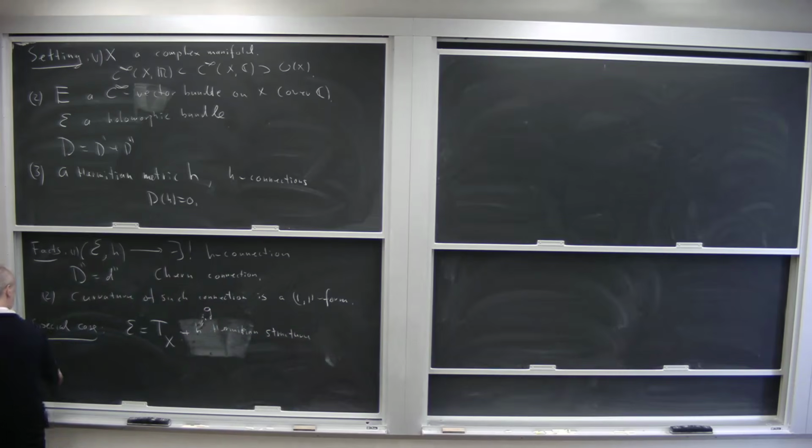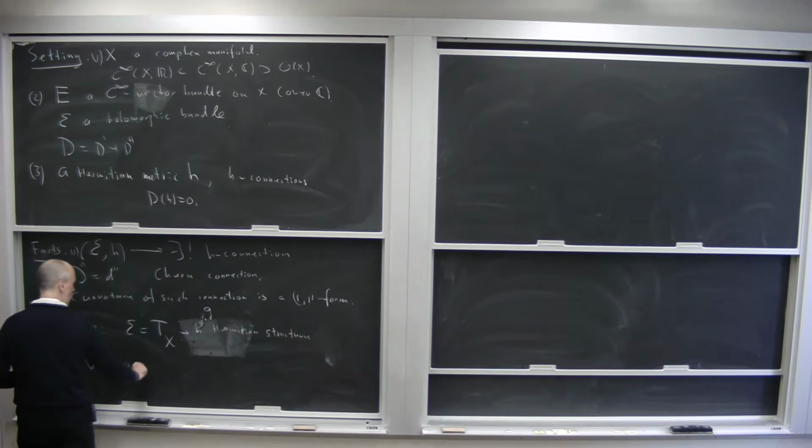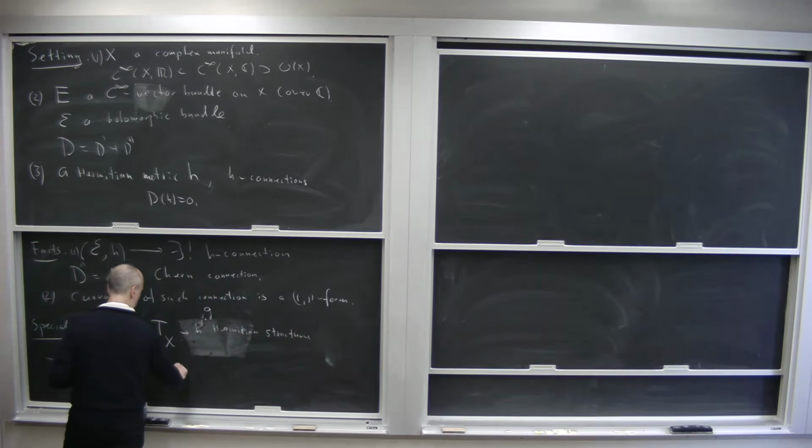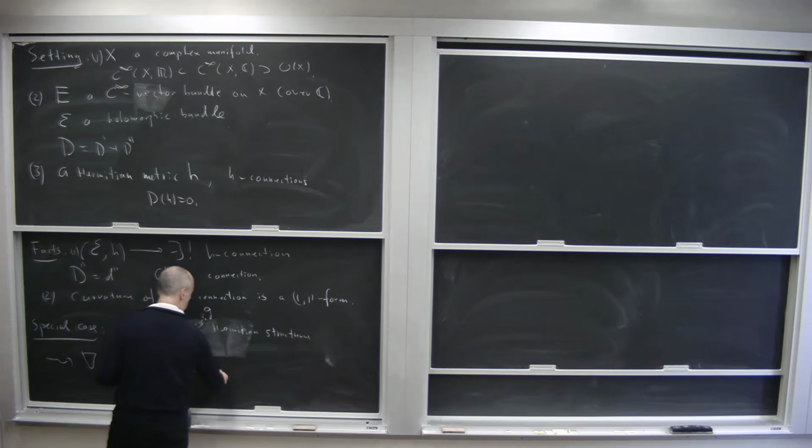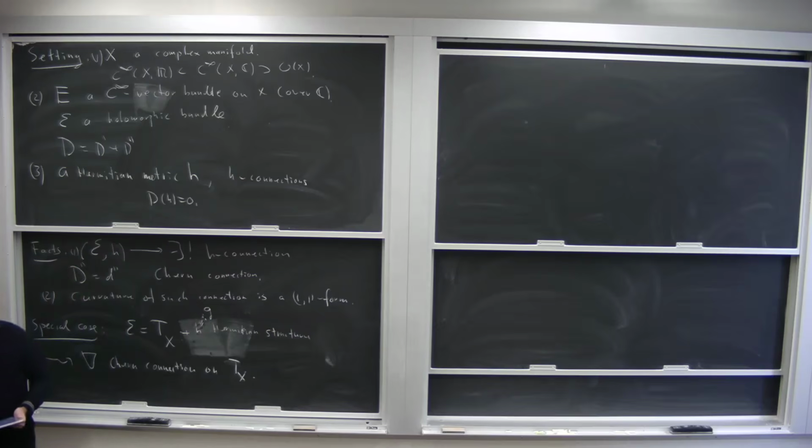Now, if I have this, then from that I will have the Chern connection on the tangent bundle.